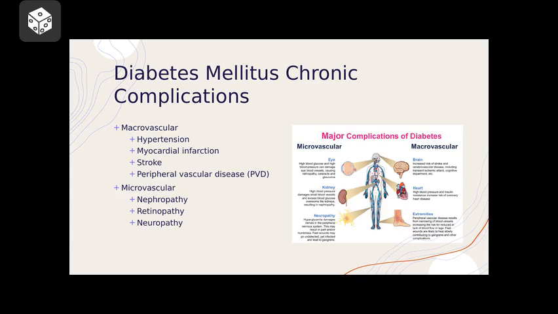A couple other complications you might see that aren't listed on here. So an increased number and severity of infections. So these people are more likely to get sick. You're going to see poor wound healing because there's going to be poor blood flow down there to those extremities. Diabetic foot ulcers are very common. So you've got decreased blood flow and you've got decreased wound healing.